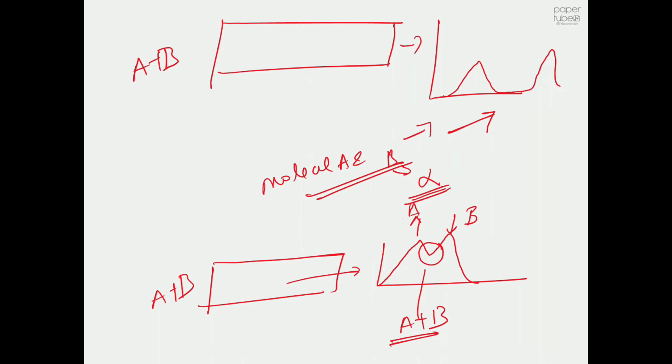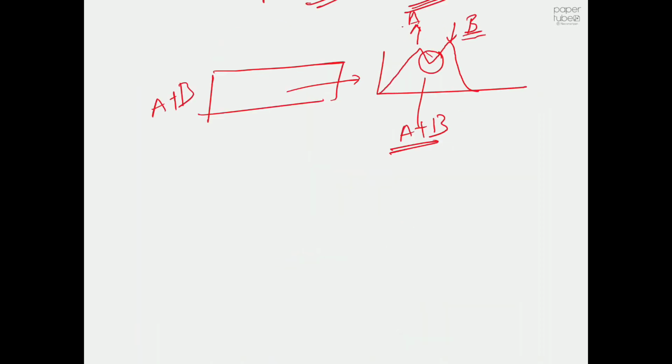These two analytes A and B elute close to each other, and in this case your separation factor alpha will be lower. So I hope I managed to explain this part.